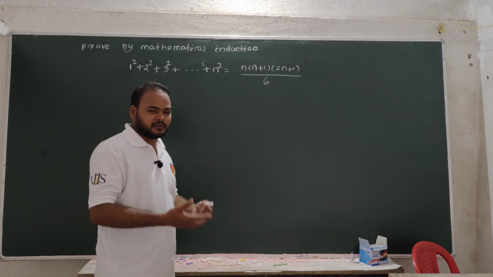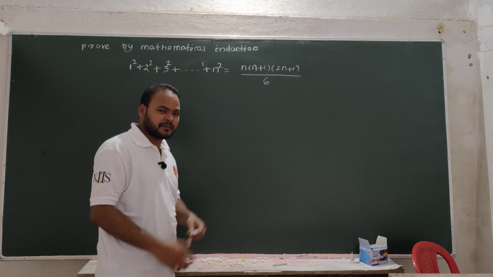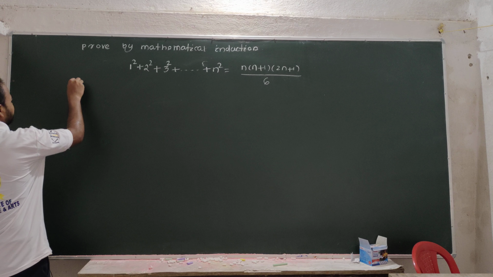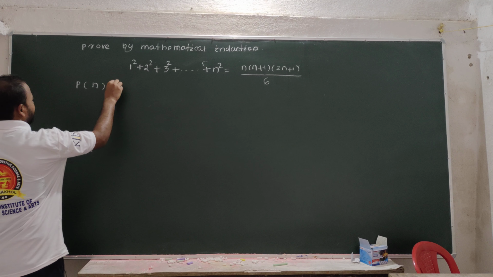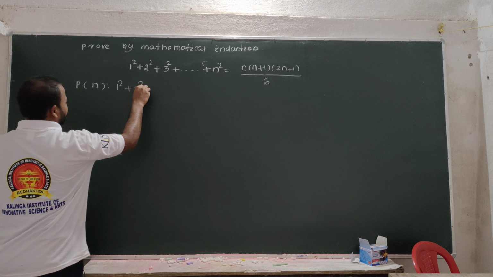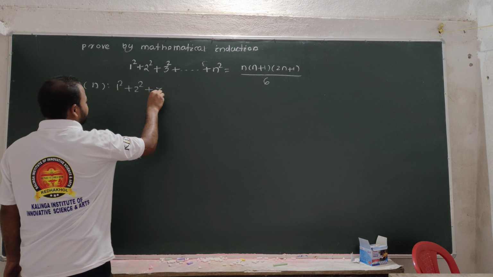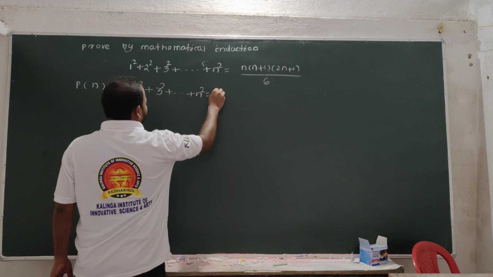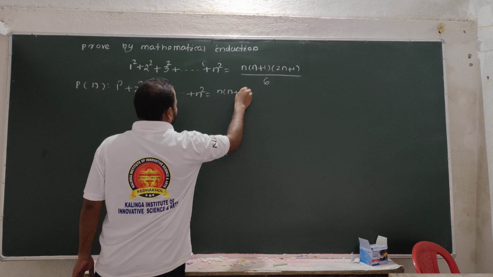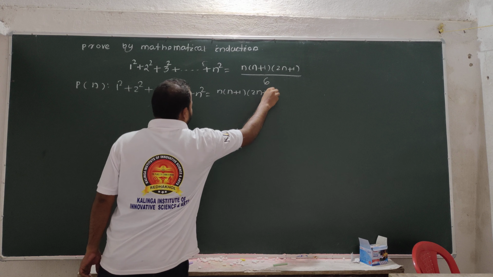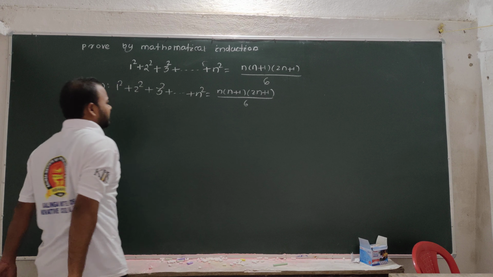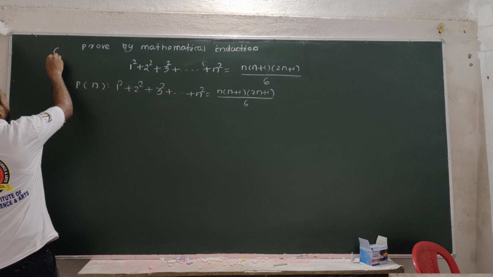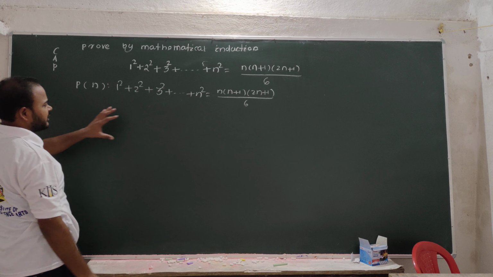So Pn such that 1 square plus 2 square plus 3 square up to n square equal to n into n plus 1 into 2n plus 1 upon 6. This is the statement denoted by Pn.